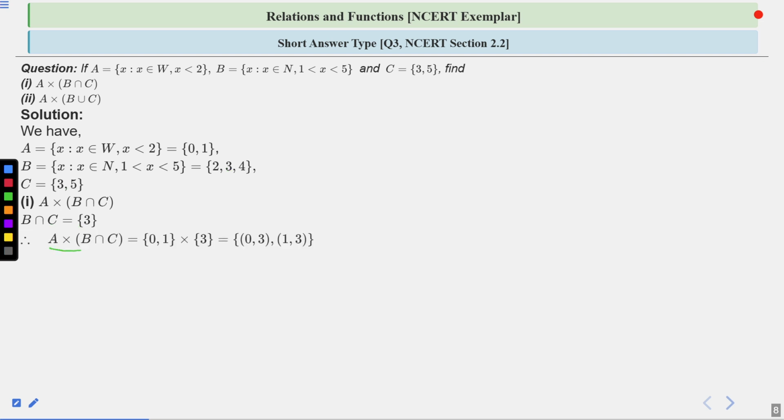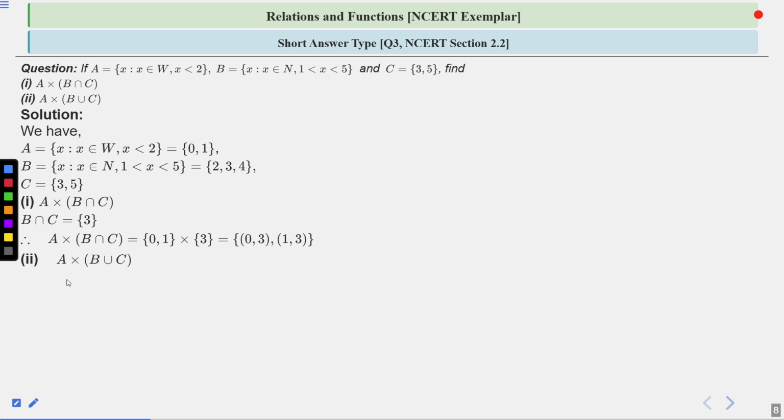Now A cross B intersection C is simply the collection of all ordered pairs in which the first position is filled by A elements and the second position is filled by B intersection C set elements. So we have a total of 2 ordered pairs: (0, 3), (1, 3).